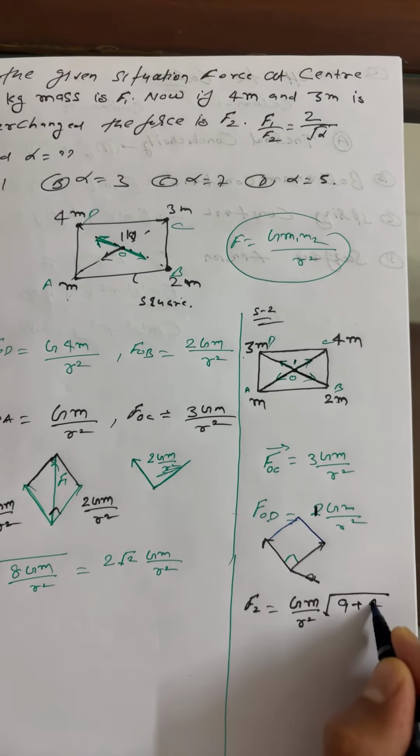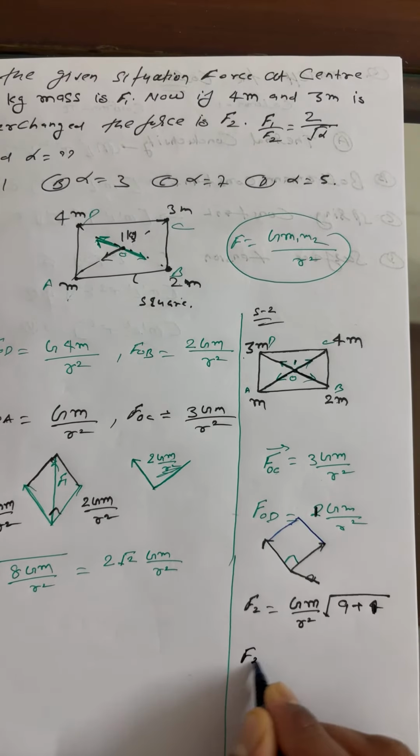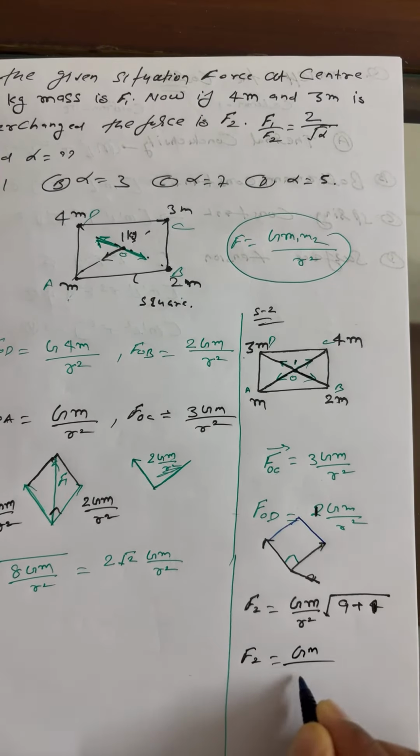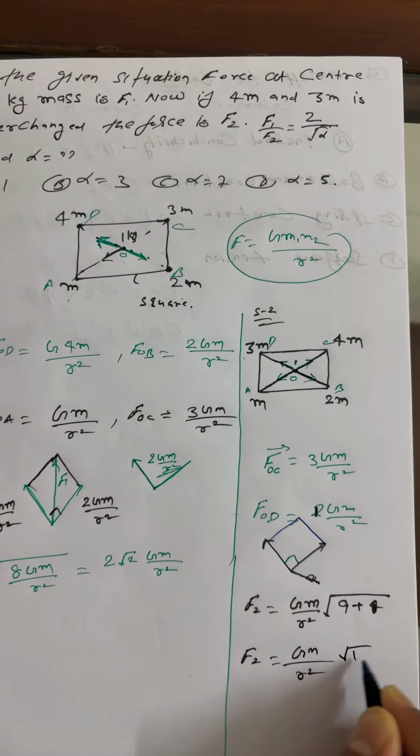So 3 3 is 9 plus 1 only. So F2 is Gm by R square times root of 10.